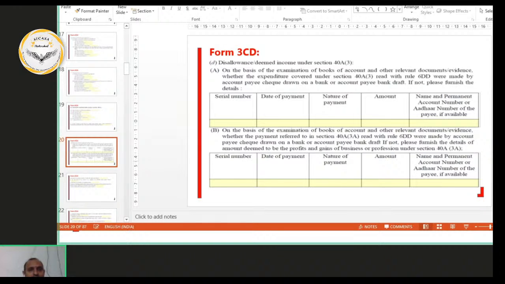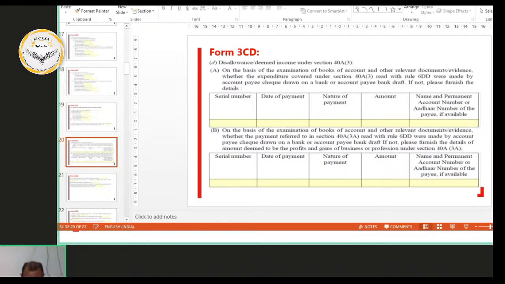Then 40A7, gratuity. Under 40A7 you need to quantify the provision for gratuity which is not allowable. Many times people express this doubt: sir, as per AS 15 I have done the valuation and I am making the provision.